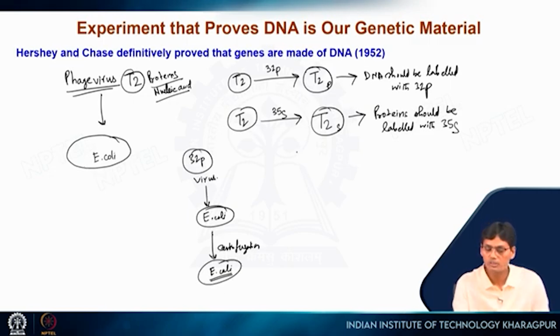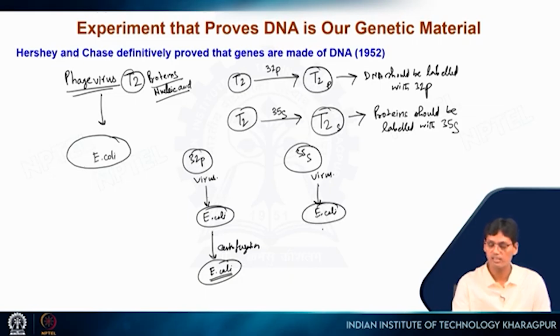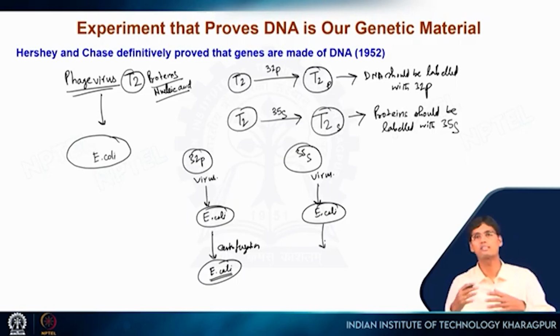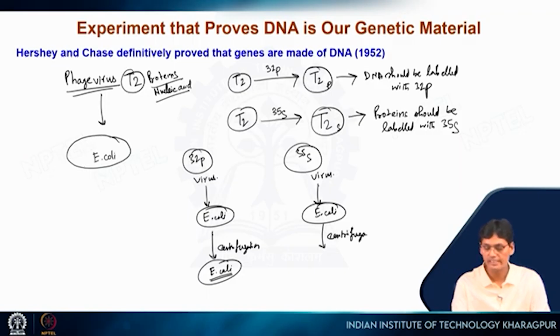But when they used the 35S-labeled virus and infected E. coli, similarly after a few minutes they shook the solution to remove the virus still stuck to the surface of the bacteria, and then carried out centrifugation.